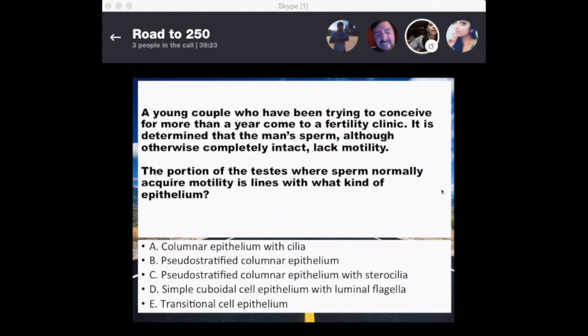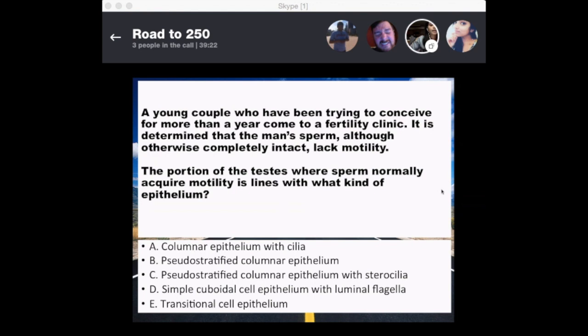Columnar epithelium with cilia, pseudostratified columnar epithelium, pseudostratified columnar epithelium with stereocilia, simple cuboidal cell epithelium with luminal flagella, or transitional cell epithelium.